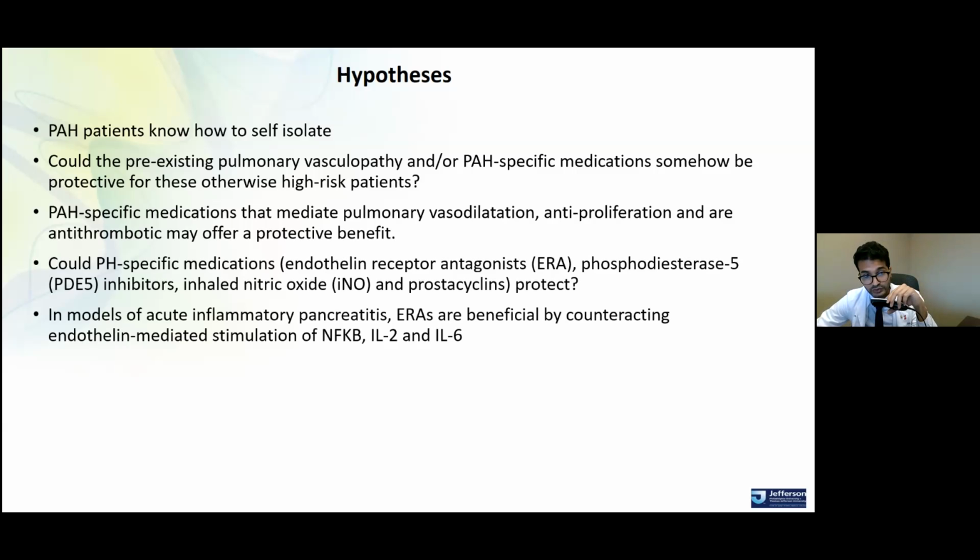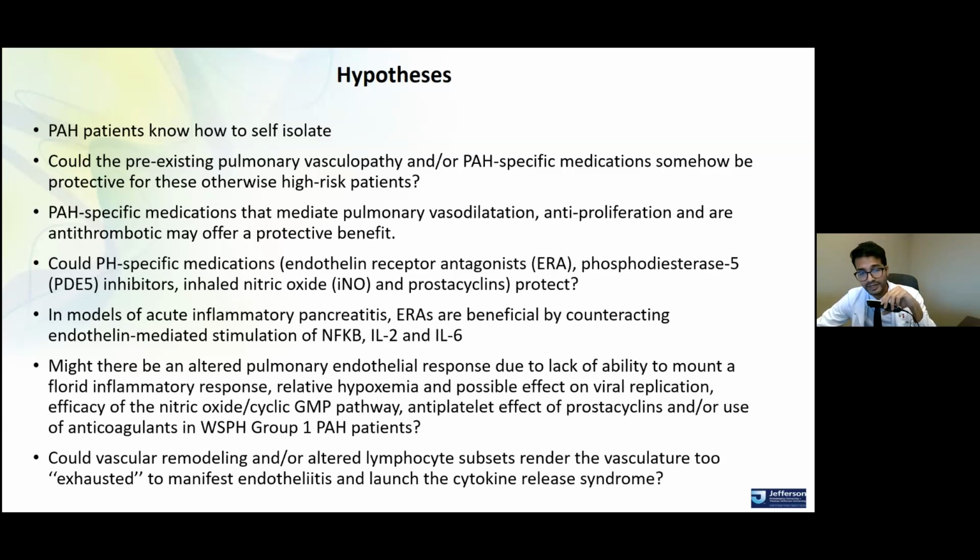Some of the data also suggests that some of these agents may counteract endothelin-mediated inflammation, particularly the endothelin receptor antagonist. And does that have a role to play? And eventually, there is a question whether their vasculature, which is already remodeled, is exhausted to manifest the severe endothelitis that is required to have severe COVID-19 infection.